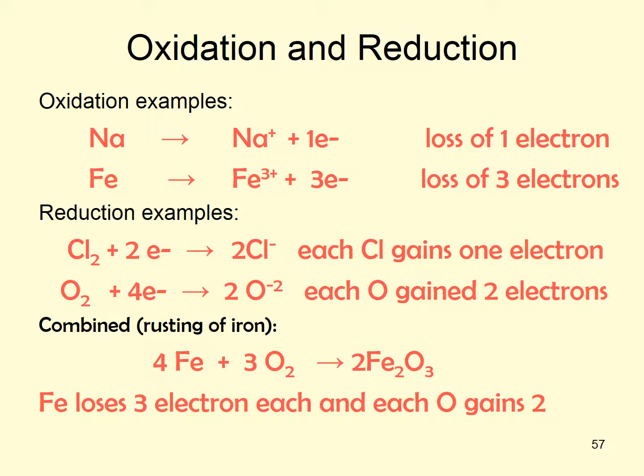And the balanced equation, of course, you have to have 4 irons. Each iron loses 3 electrons, so that's 12. Each oxygen gains 2. So there's 6 oxygen, so that's 12. So you have to have the same number, which we'll see in just a minute. But each iron loses 3 electrons and each oxygen gains 2.